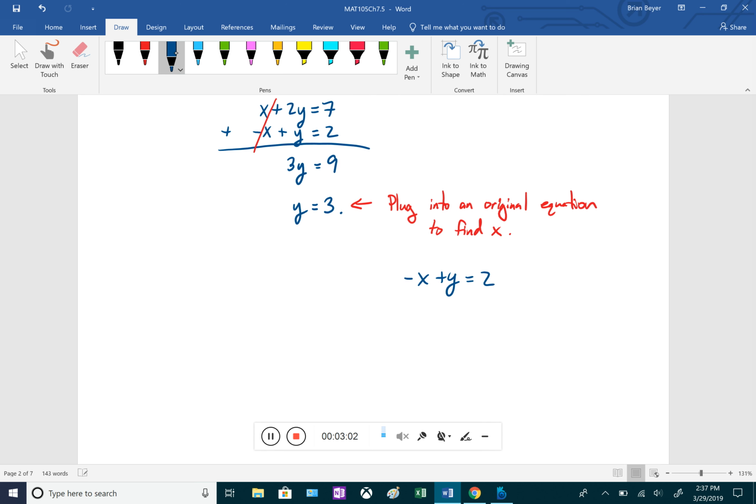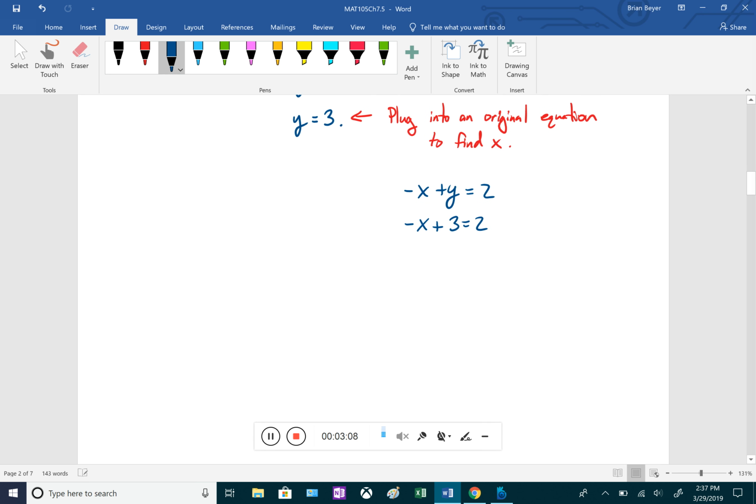Plug in 3 for y: negative x plus 3 equals 2. We subtract 3 on both sides, get negative x equals negative 1. Divide both sides by negative 1, and we get x equals 1. So that means the solution for this system is x equals 1 and y equals 3.